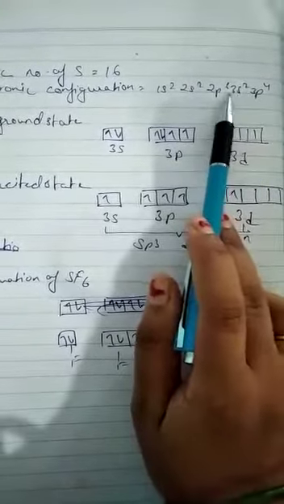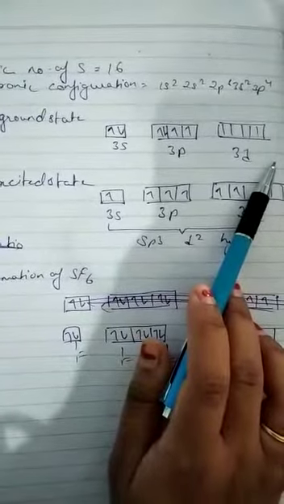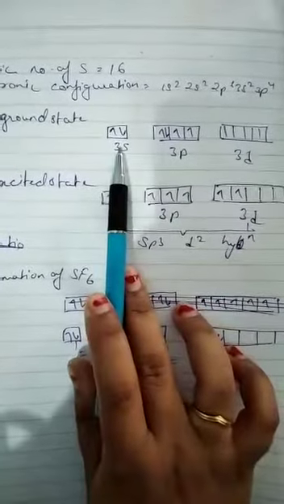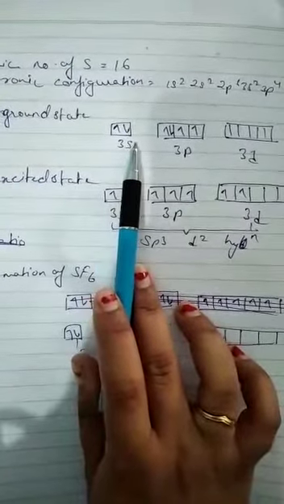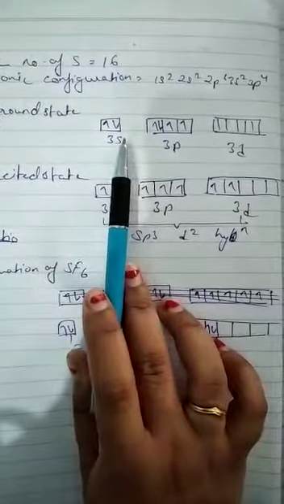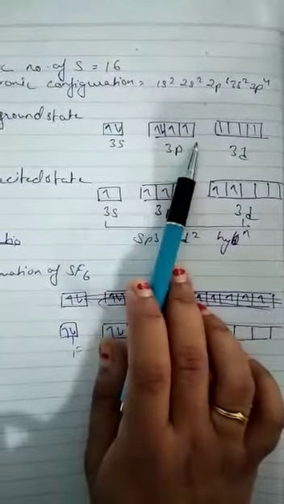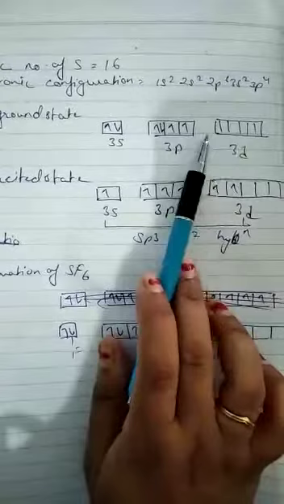Okay, so we will represent it in the form of an orbital diagram. This is what we call an orbital diagram. In the earlier chapter, chapter 2, you had studied that in case of the s subshell, there is one orbital. In case of the p subshell, there are 3 orbitals, and in case of the d subshell, there are 5 orbitals.